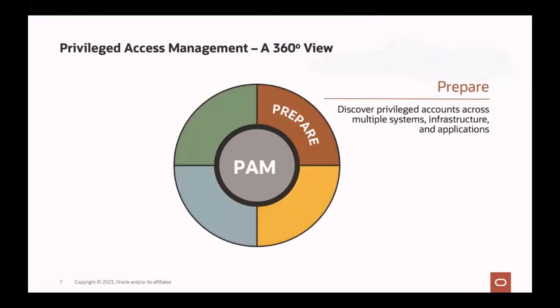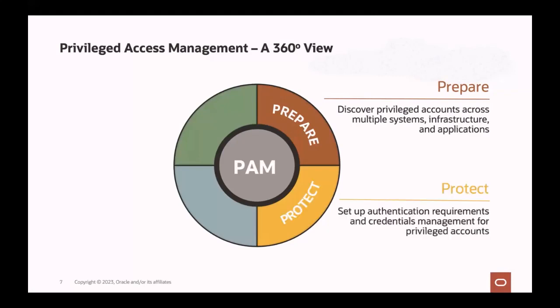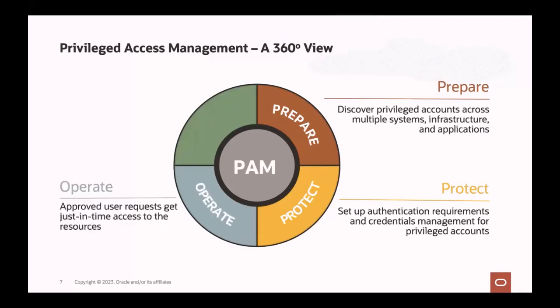The first one is prepare. Here, the PAM administrator will discover and identify privileged accounts across multiple systems, infrastructure, and applications in the organization. The second is protect. Here, the PAM administrator will set up the authentication requirements and credential management for privileged accounts. The third one is operate.